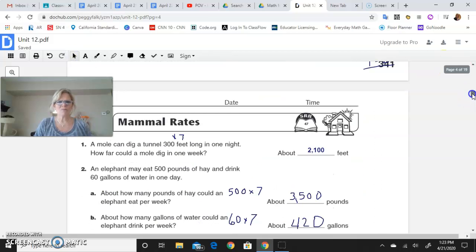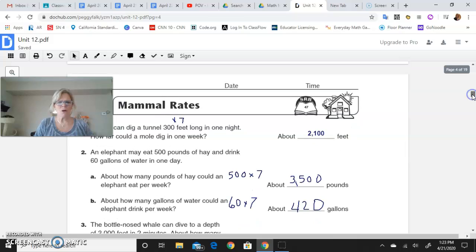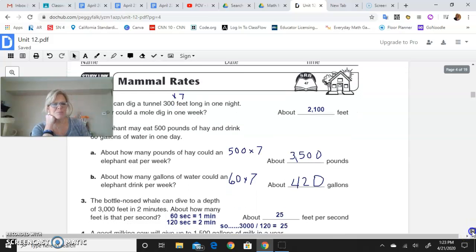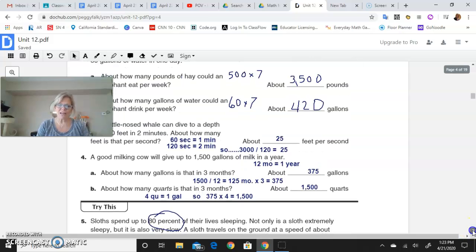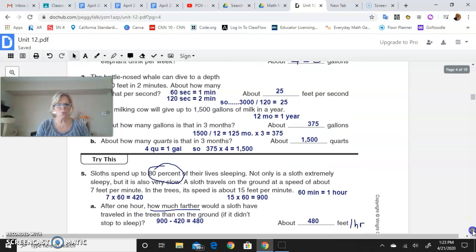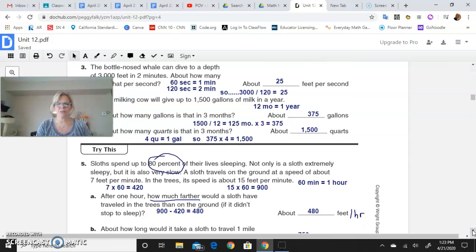Also, these 2 pages, 1, 2, you should have gotten those. If you got those, you're on the right track. 3 and 4, where you had to do some converting, and number 5, they were trickier. Don't worry if you're like, oh my gosh, I have no idea what you're talking about.